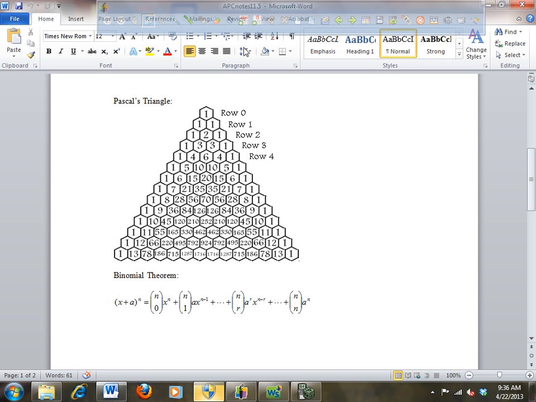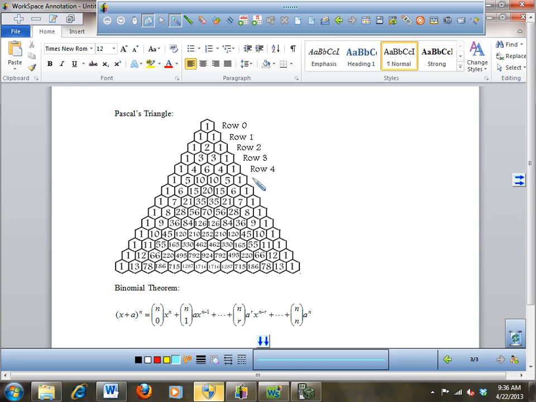What's interesting is there's all kinds of patterns in Pascal's triangle. But one of those patterns, if this is row 5 here, so what you have to know is that this is the 0th row, the first row, second, third row, and this is the 0th column, first column, second column.